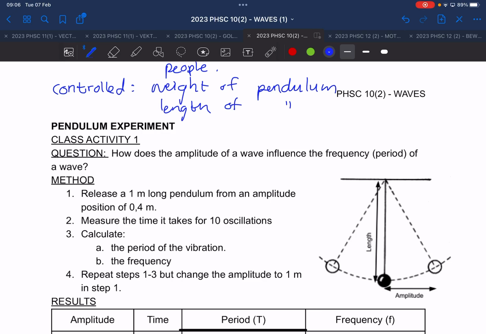Okay, because we think that people, when he measured the amplitude, that we measured it the same every time from the same spot to the same spot. The person that did our time, if he was wrong, then hopefully he was wrong in both, the same amount of wrongness. Okay, then what did we change?